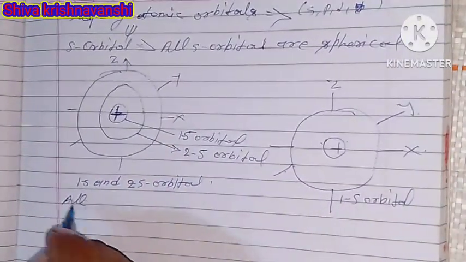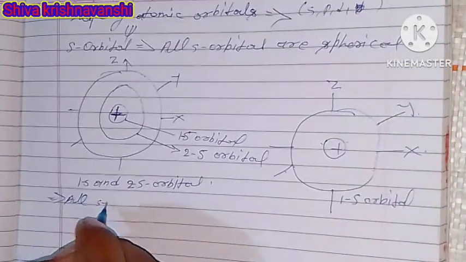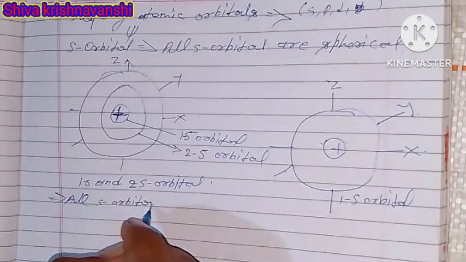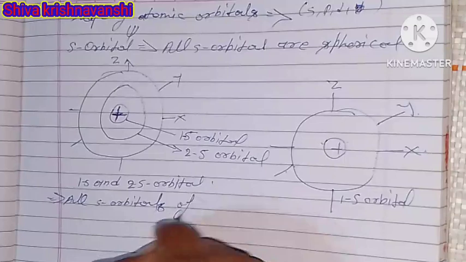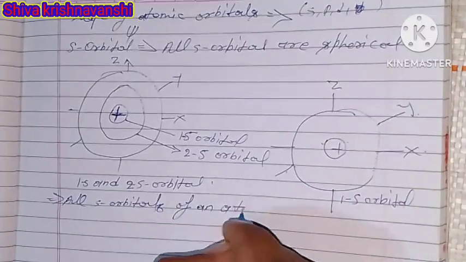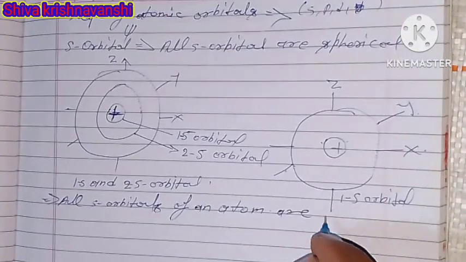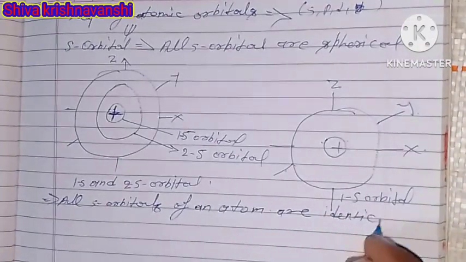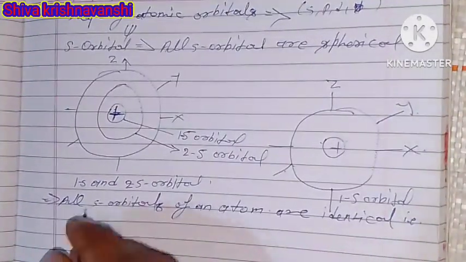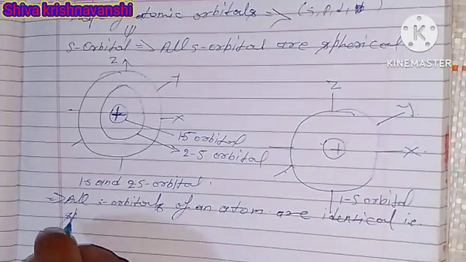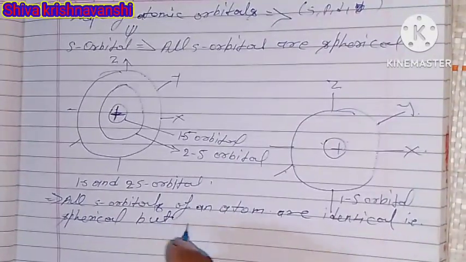All s orbitals of an atom are identical and spherical, but their size varies.